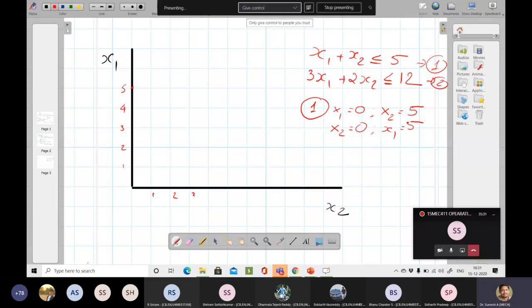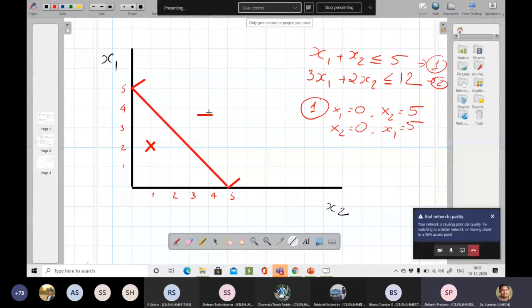Now which search direction will I go, whether I will select this area or this area, into or minus, which area will I select? Towards the origin. Why? Because it's less than or equal to, so values can be less than 5.